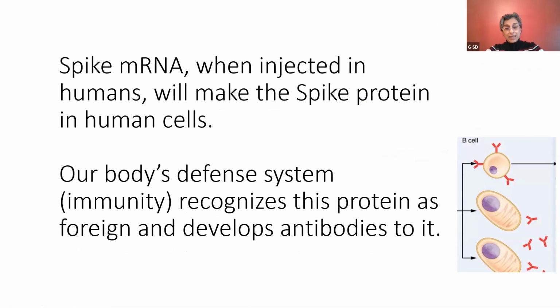So the idea behind it is that our body's defense mechanisms will see that protein as foreign and develop antibodies to it. Just the same way our body fights the influenza or flu virus, it uses the same defense mechanisms, the antibodies that are generated to fight this virus.